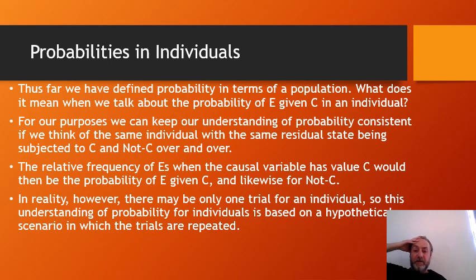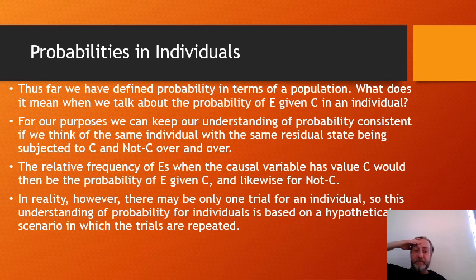So if you want to say being hit over the head is a positive causal factor in me losing consciousness, you could try that over and over. You could hit me over the head as many times as you like, or not hit me as many times as you like. Then we've got a population of these various events, and the relative frequency of E's when the causal variable has C would then be the probability of E given C.